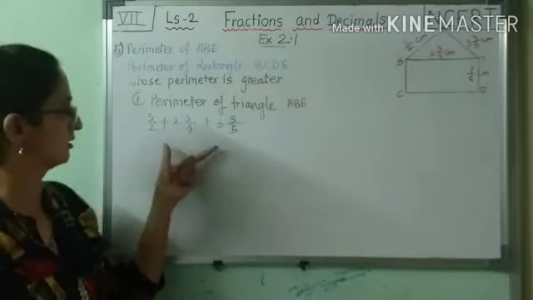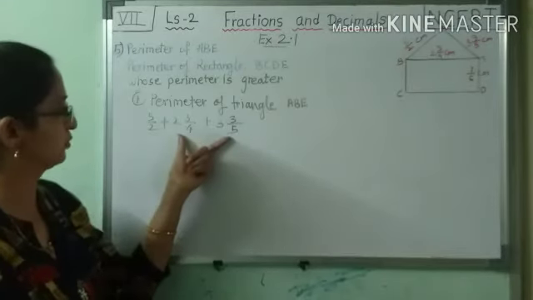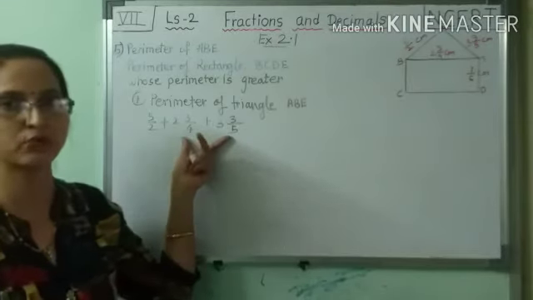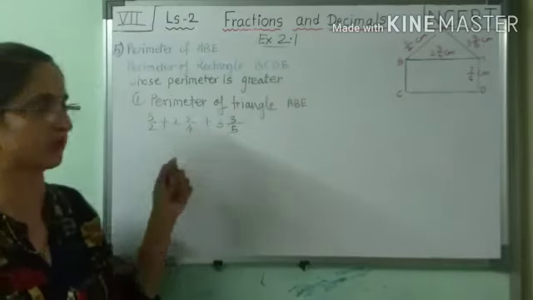So these three fractions are given here. Two mixed fractions are there. First we have to convert these mixed fractions into improper fractions.